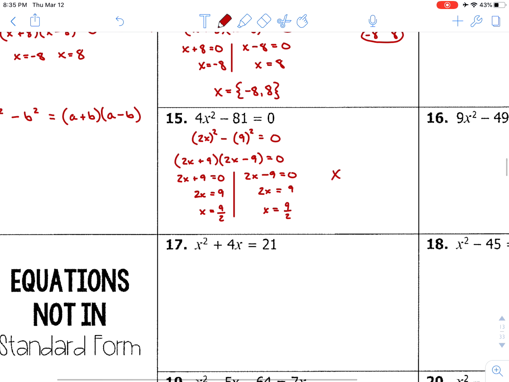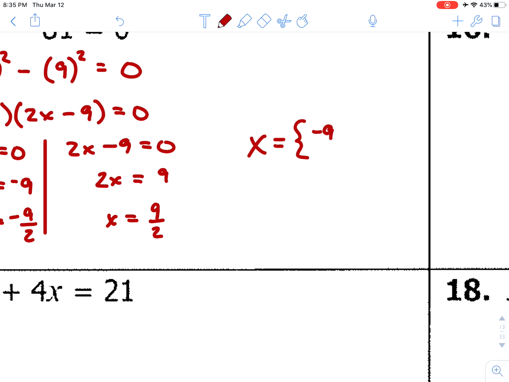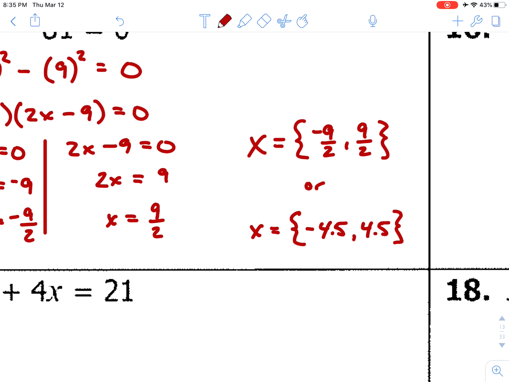And again, when I write that in set notation, this on the left, I made a mistake there. This should be a negative 9, which is going to give me a negative 9 halves. Okay, so we're going to have negative 9 halves and 9 halves. Again, or x equals negative 4.5 and positive 4.5.